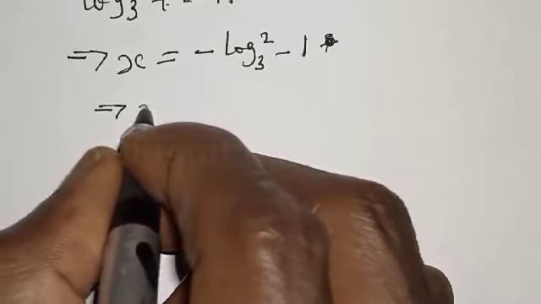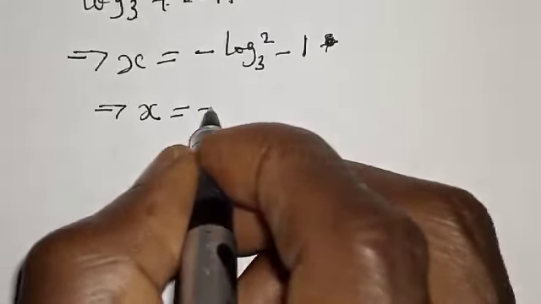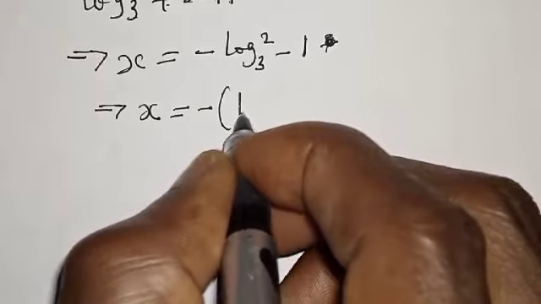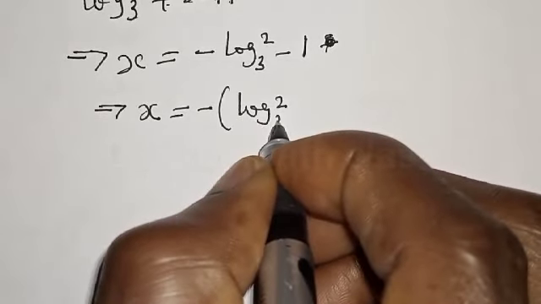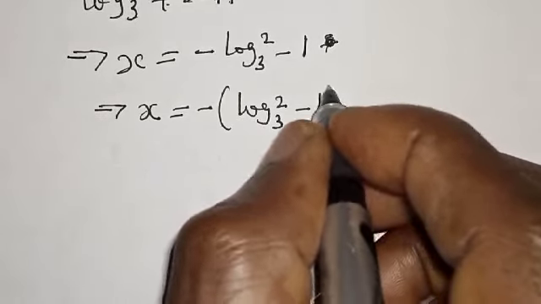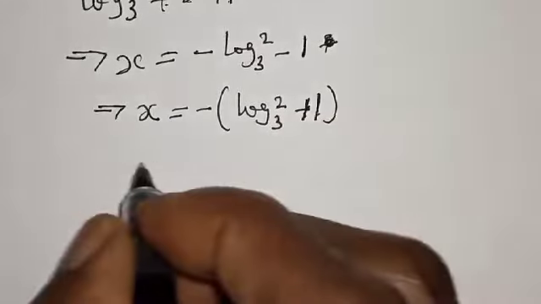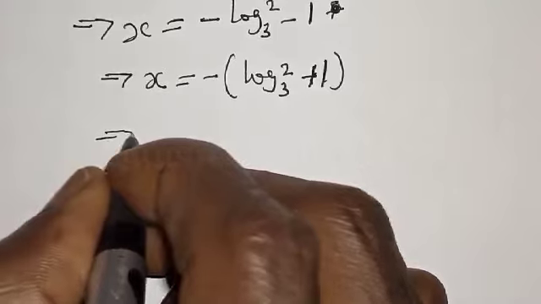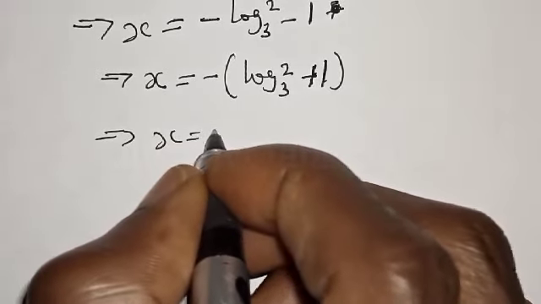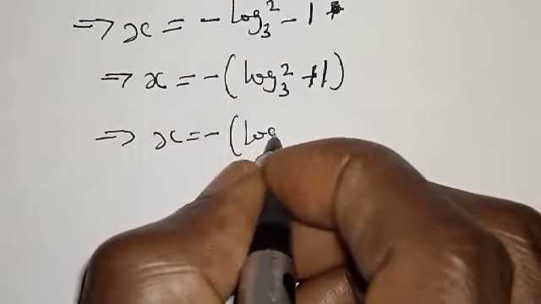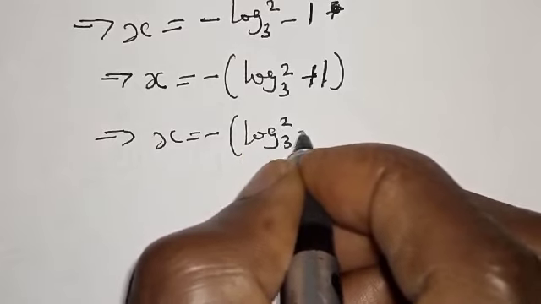This implies that we have x to be equal to minus into log 2 base 3 plus 1.